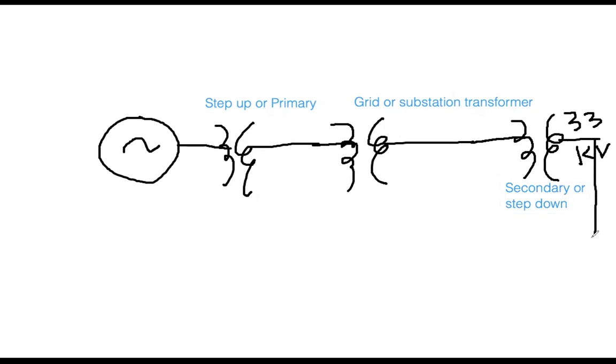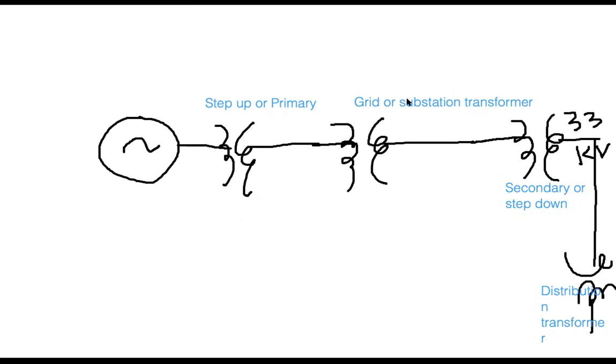After that, there is one more level. From here it goes down, for use by the people. This one is called the distribution transformer. With the distribution transformer, customers are mainly connected.